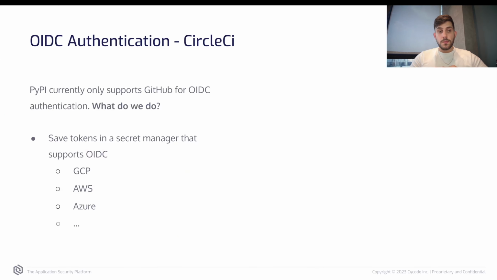So, we talked about GitHub Actions being supported by PyPI, but PyPI is not supporting CircleCI authentication yet. So, are we continuing with long-lived tokens, or do we have any other way? We have another way. We can use OIDC authentication to authenticate to different secret managers that already support OIDC, such as GCP, AWS, or Azure.